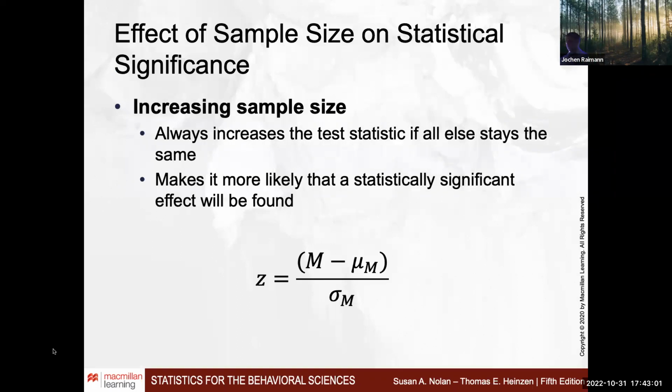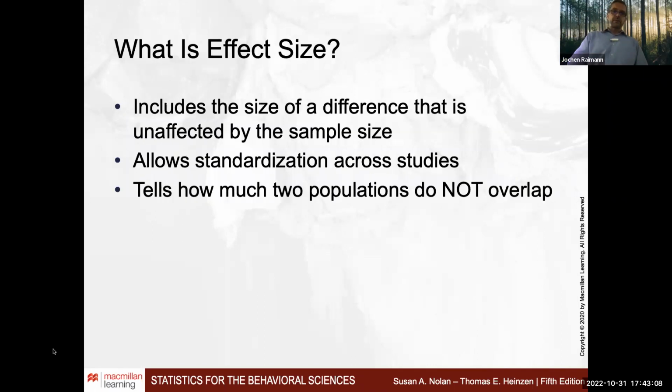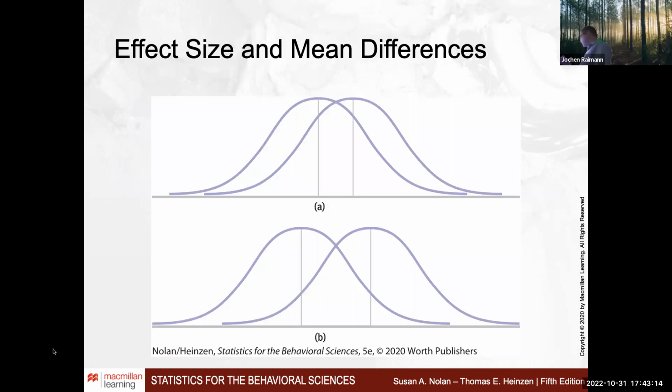We just talked about how the standard error of the mean is affected by the sample size. The standard deviation is not. That's why it became a good idea to quantify the effect size. So what that means in principle, if you have two equally distributed populations and you're comparing those, the overlapping part is essentially not helping your hypothesis, right?